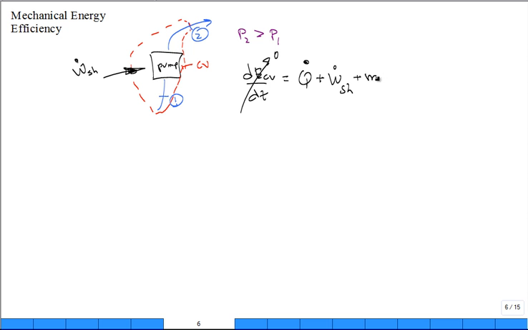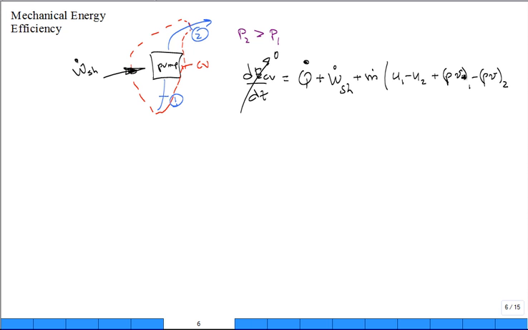And we'll have the mass flow rate. The inlet mass flow rate is equal to the outlet mass flow rate. And so you have a change in the enthalpy, which you busted out into the change in the internal energy, U1 minus U2, plus PV1 minus PV2, all right?